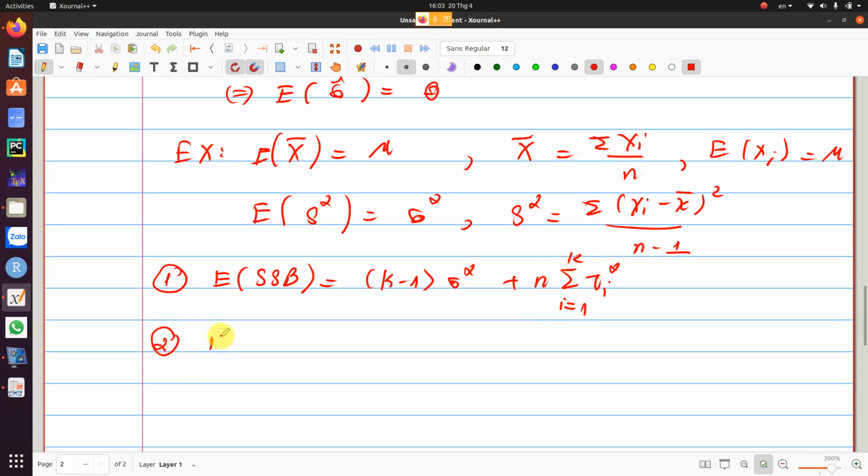And the second equation: E of SSE equals kn minus 1 sigma square.